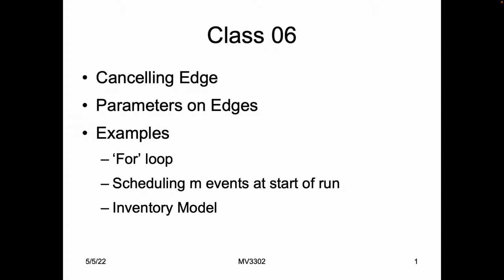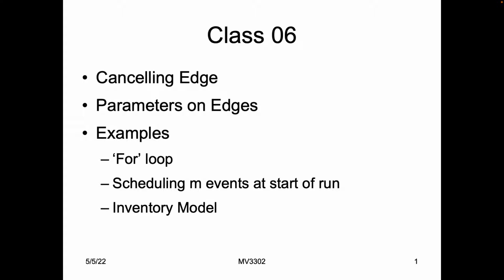One particular application of that is a situation in which we want to schedule a certain number of events at the start of a run. In other words, by itself, the Run event with a capital R is the only event that goes on the event list at the beginning.